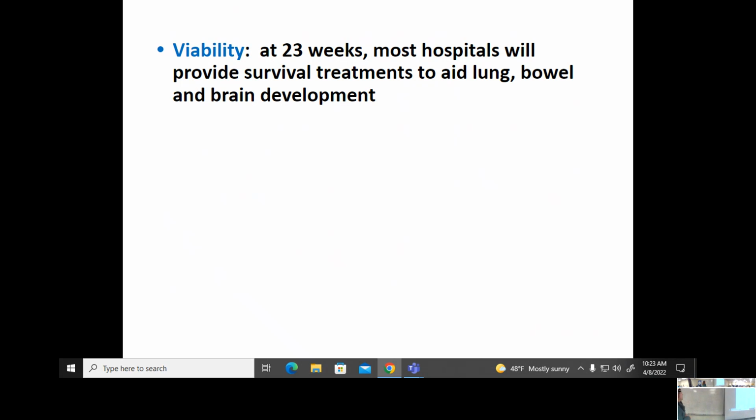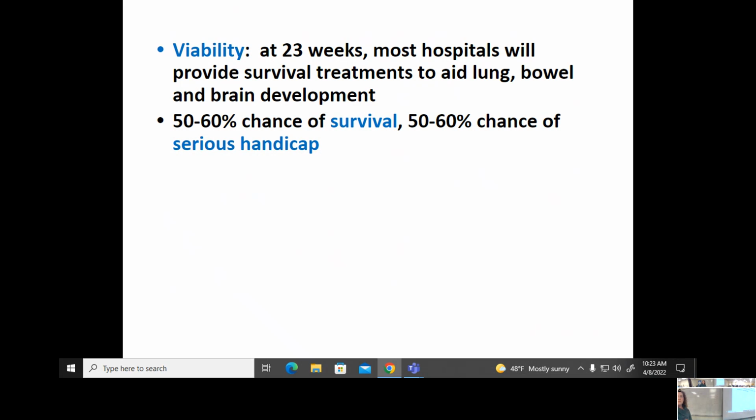And viability really is when does that newborn have a good chance at surviving? At 23 weeks, and this is a few years outdated now, newborns that were born at 23 weeks have about a 50-50 shot of surviving to become healthy grown-ups. And if they do survive, they might have some kind of handicap because they weren't finished developing.